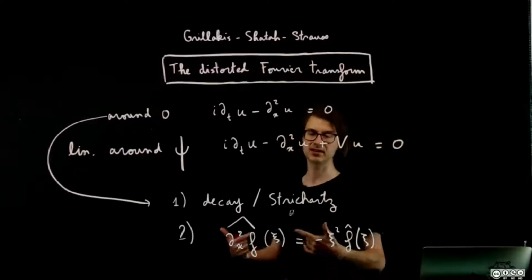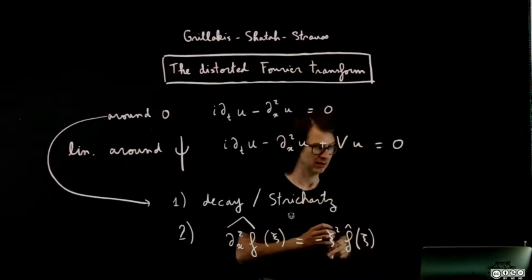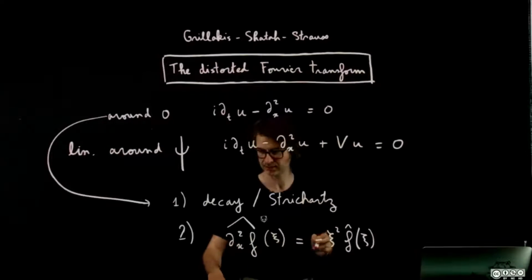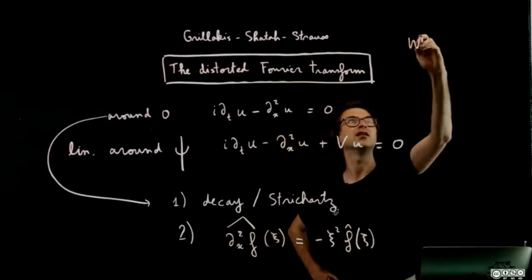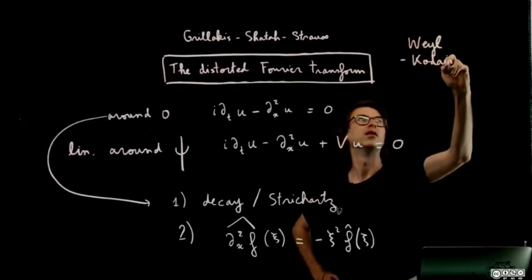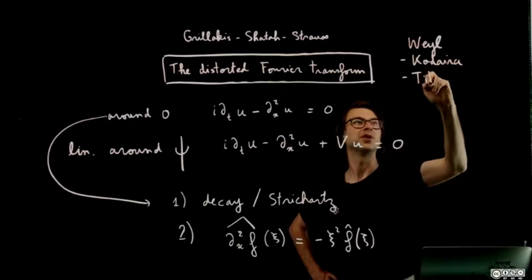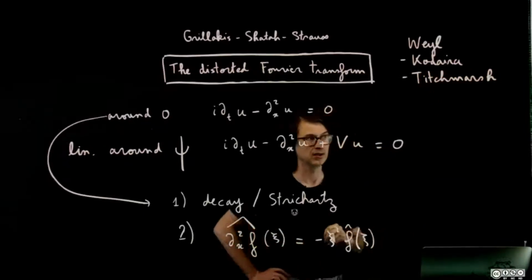And the key element in getting that is the distorted Fourier transform. And I should say it's also called the Weyl-Kodaira-Titchmarsh theory.